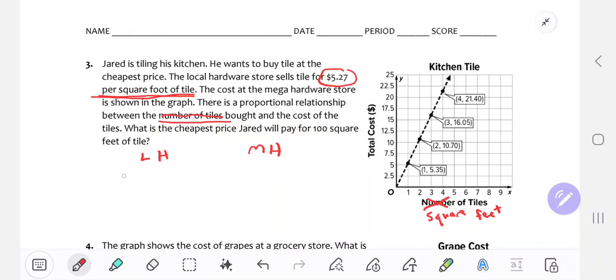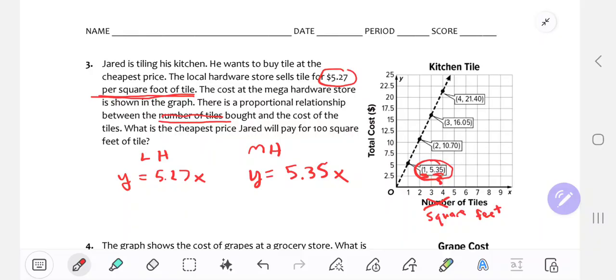So that's going to be the total cost is equal to $5.27 times the square feet of tile that you buy. And then how do we write this equation? Well, y equals, okay, remember it's proportional, so we know that wherever 1 is, this is our unit rate or our constant of proportionality, so 5.35 per square foot.